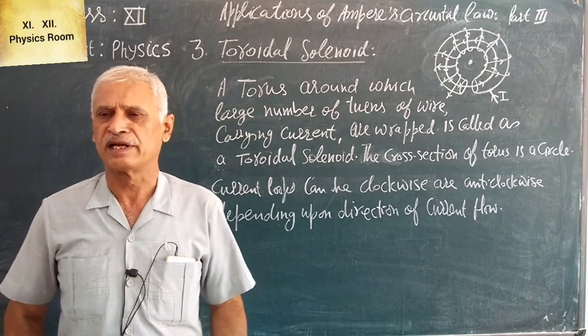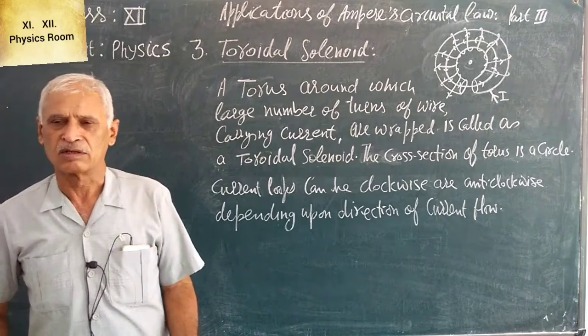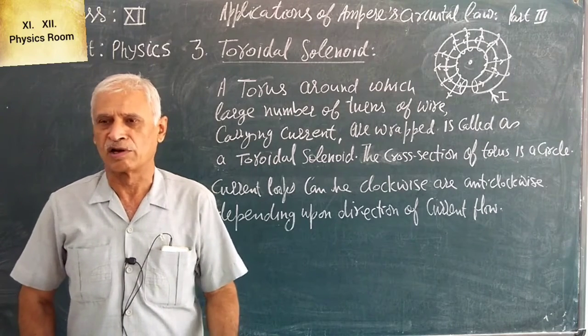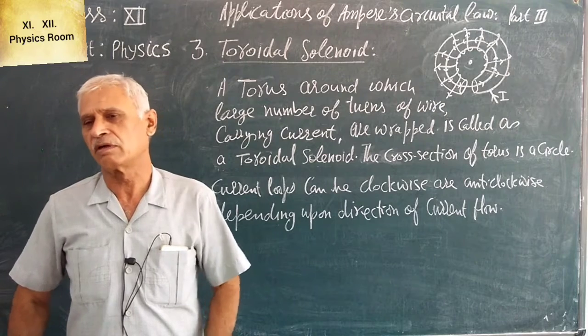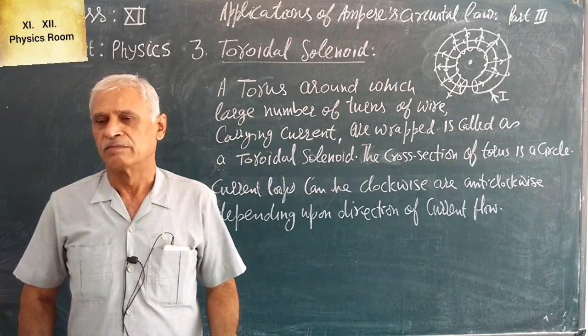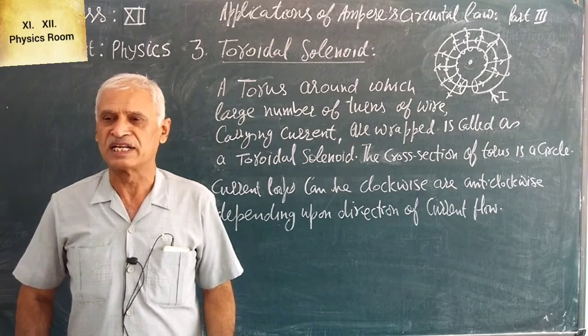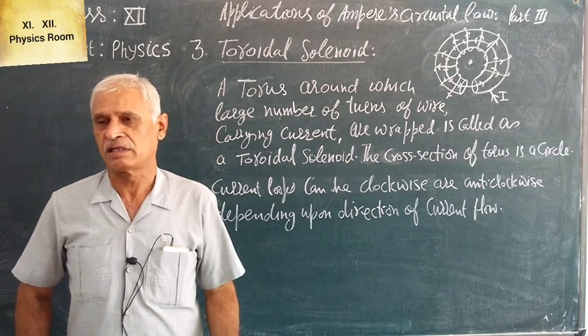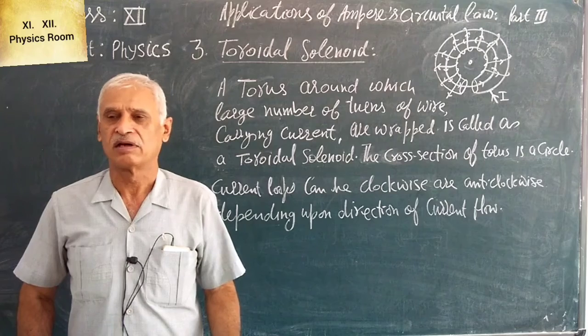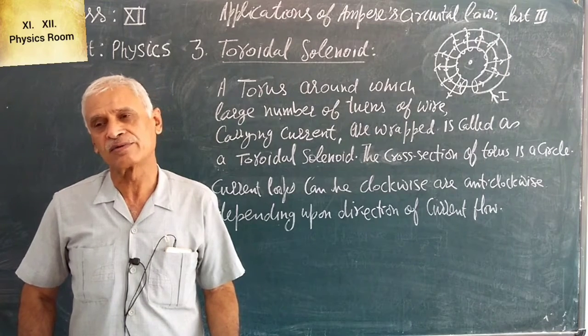Now, after understanding the concept of coil, solenoid and toroidal solenoid, we proceed to our topic, magnetic field intensity at any point on the circumference of a toroidal solenoid.